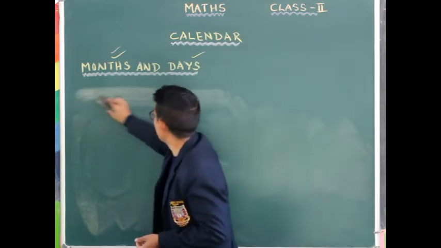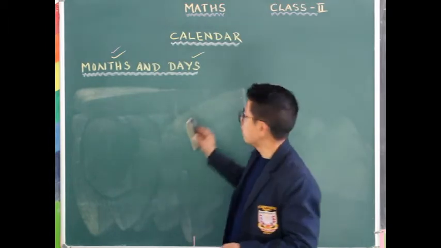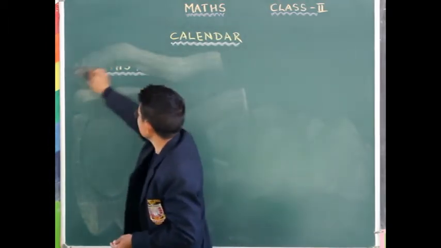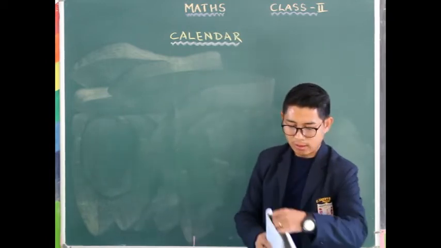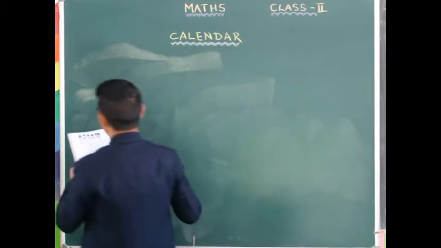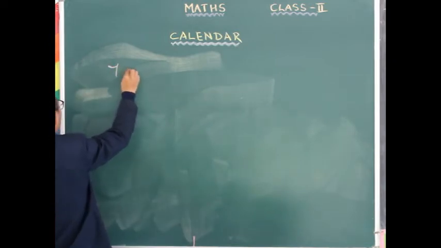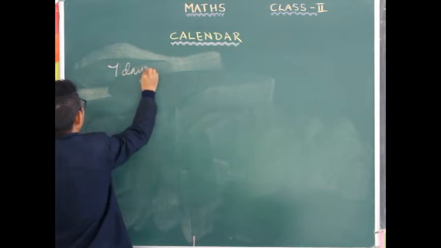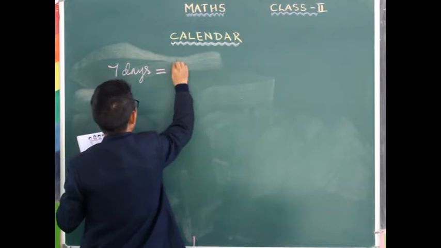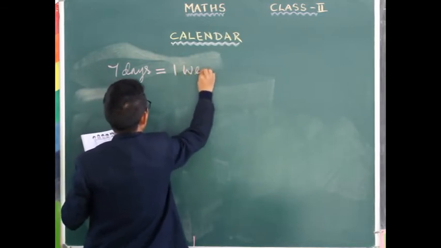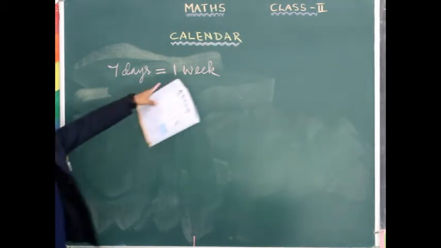Now let's go to page number 162. See what we have got there. This is very important. Now we all know that 7 days is equal to 1 week.